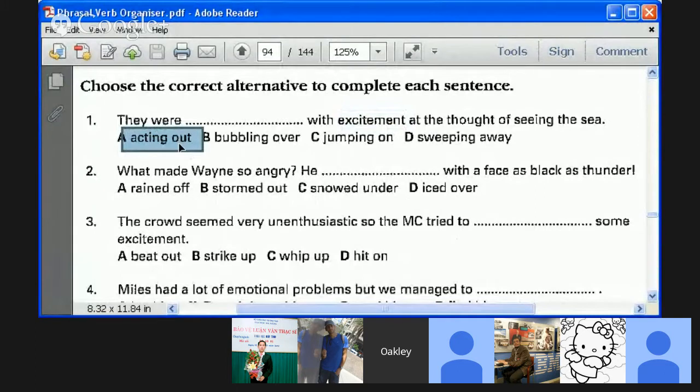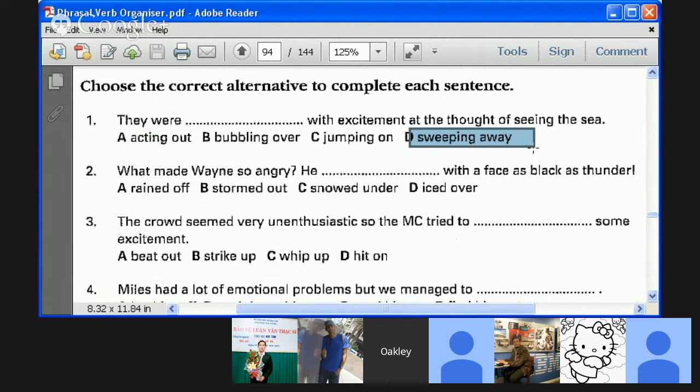Act out is, this is actually usually a negative term. When you act out, you're mad at your mother, so you hit your brother. That's acting out, okay? You're acting out your frustration on a third party who's not even the person that you're upset with. So acting out is very negative. Sweeping away, usually you're actually going to hear swept away.